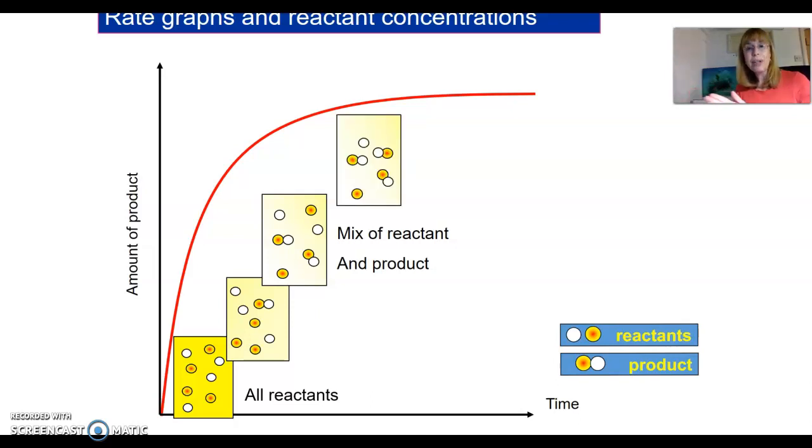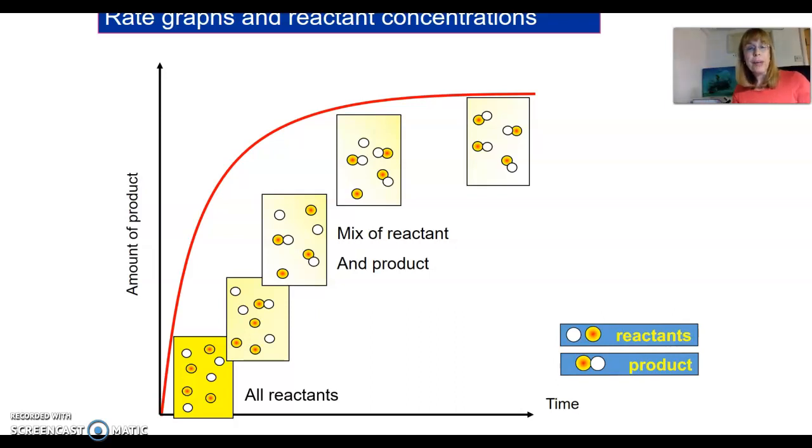And then as time goes on, there's going to be less reactants available to collide, and therefore the rate of the reaction is going to slow down. And finally, when the graph flattens out, that's because I've only got products left. There's no more reactants available to collide, or one of the reactants is finished, and therefore there's no more product that can be produced, and I get this lovely flat line.